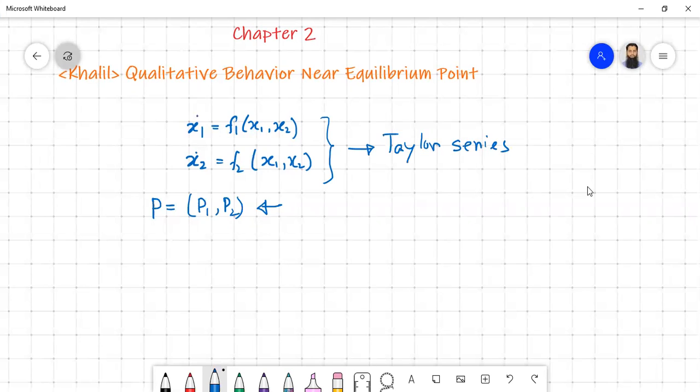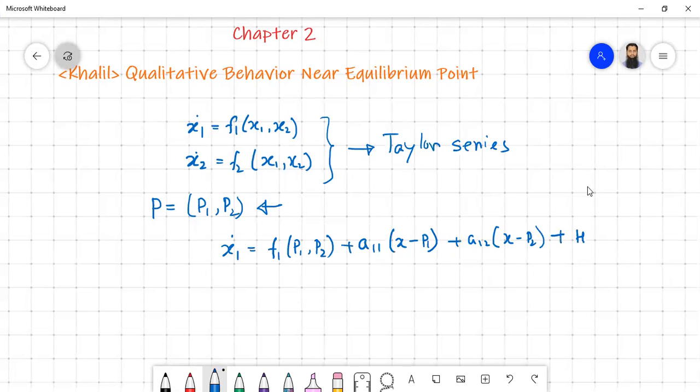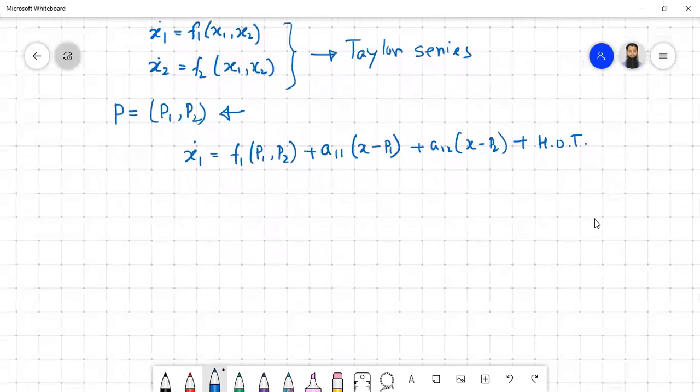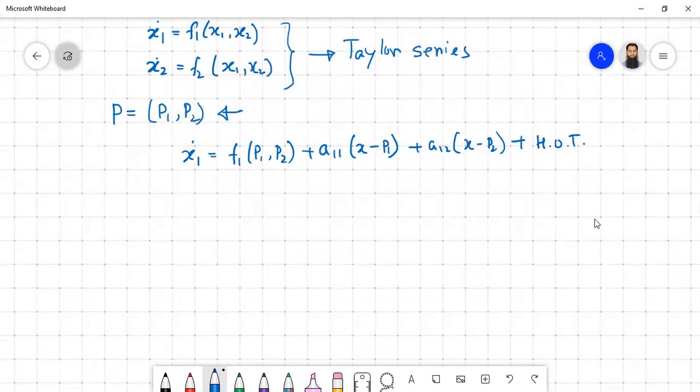Expanding, we get x1 dot equal to f1 of p1, p2, which is the initial value, then a11 times (x1 minus p1), plus a12 times (x2 minus p2), then the higher order terms, which we ignore because we are interested in linearizing.